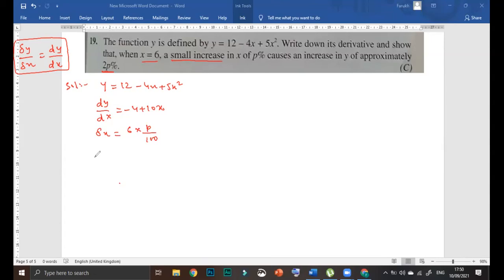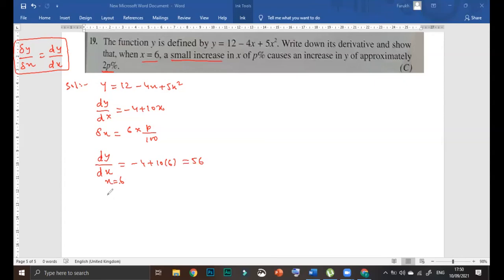For this, we will put the original value of x into the derivative, which is minus 4 plus 10 into 6, equal to 56. This one is the dy by dx.